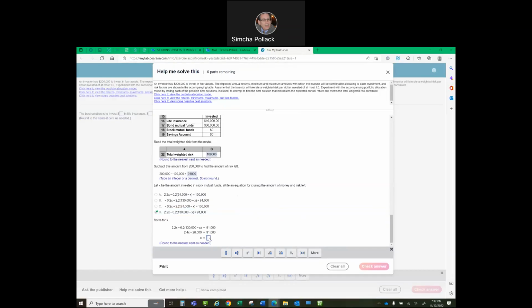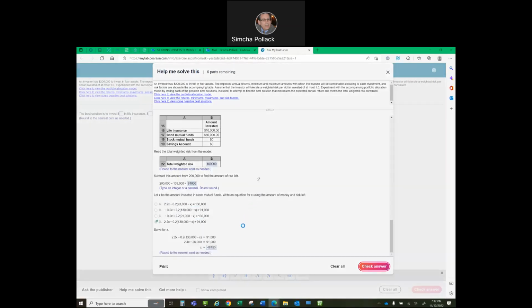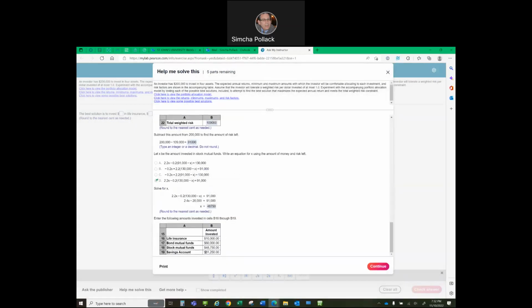So that means, in English, if we move 48,750, where X refers to the amount invested in stocks, multiplied by 2.2, the risk factor, we're good. So it's telling us to do that.